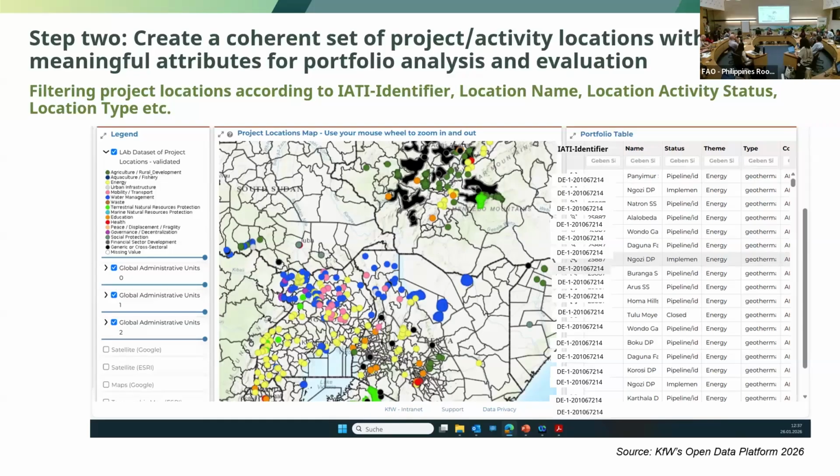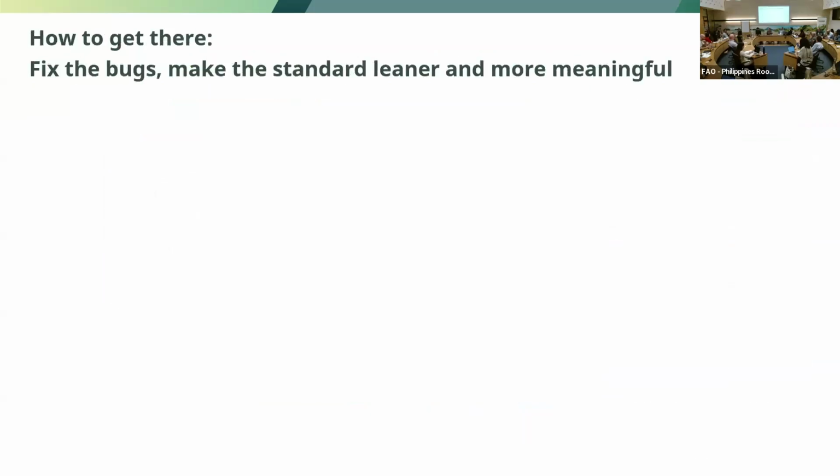You can tell at which status of implementation each activity at each location is. Before, in the IATI standard, you can only say in which status of implementation the entire project is. But now you can do it by location, which is incredibly useful for our portfolio managers. When they prepare their missions or their monitoring reports, they can see, okay, is this location on track or not, etc. So this gives a nice overview.